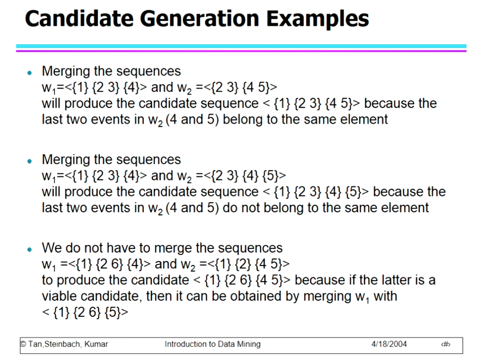In the second example, 1, 2, 3, 4 and 2, 3, 4, 5 will produce the candidate sequence 1, 2, 3, 4, 5, because the last two events in W2, 4 and 5, do not belong to the same element.